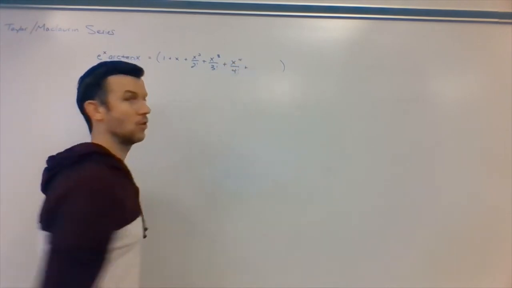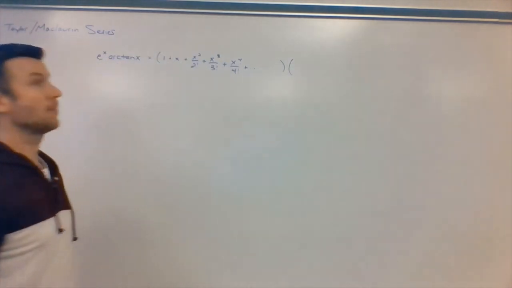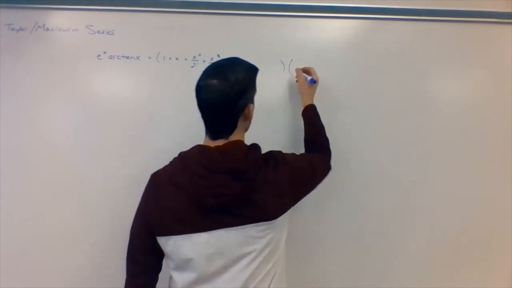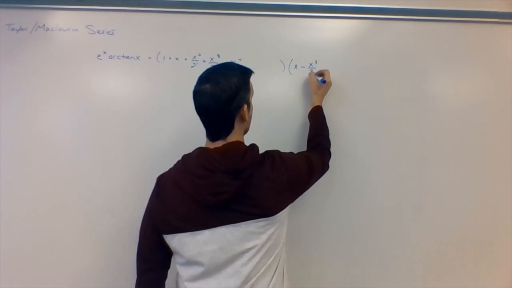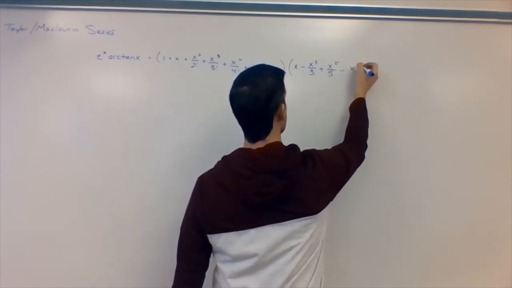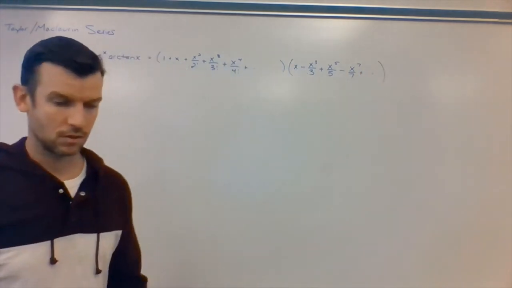I don't know how many of those I need. That's my e to the x. I'm supposed to multiply by arctangent. Okay, arctangent, that's going to be x minus x to the third over 3 plus x to the fifth over 5 minus x to the seventh over 7, and that pattern continues.